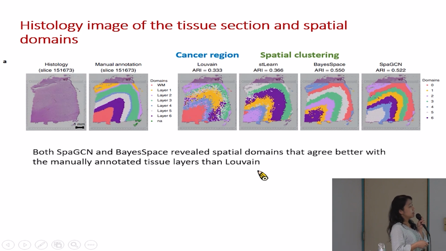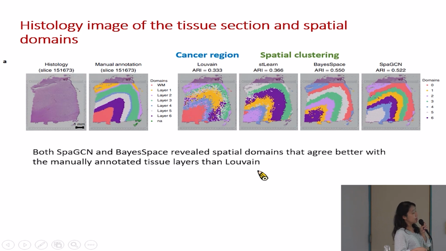Then, using the cancer region and the spatial clustering, we can find that BayesSpace has a greater tissue distribution, and compared to SpaGCN, it shows the best gene expression profiling in spatial region.